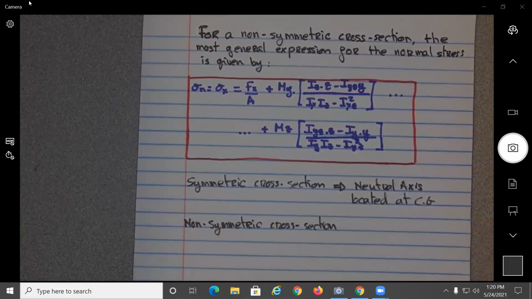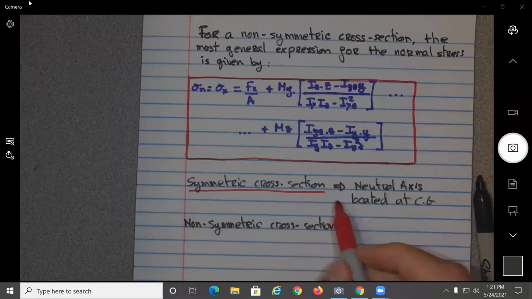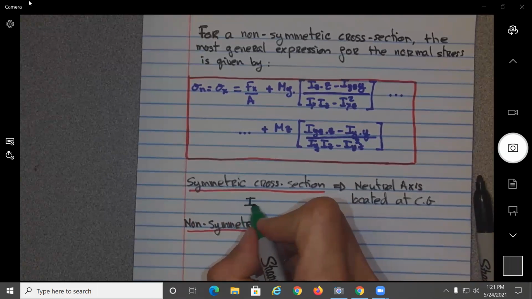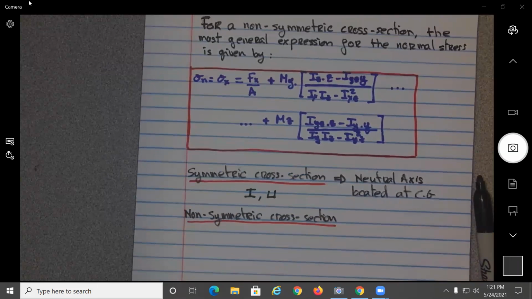So now for non-symmetric cross section, what can happen? Let me put here maybe a little example. So you can have here the I-beam. This one is symmetric, or you could have like a U-beam. That's one.